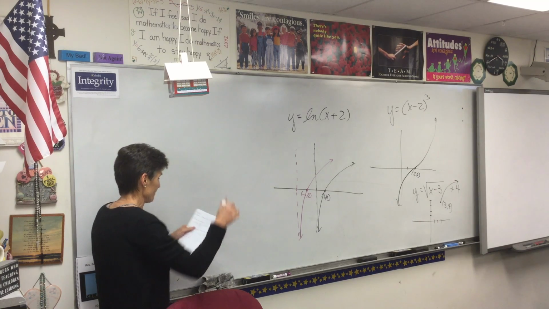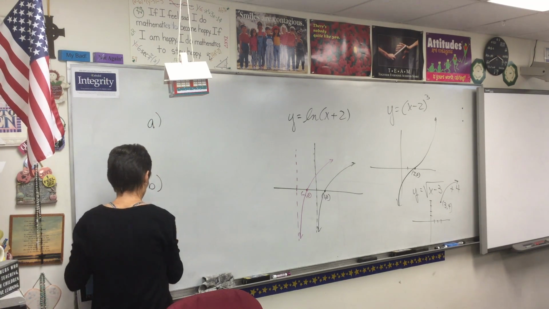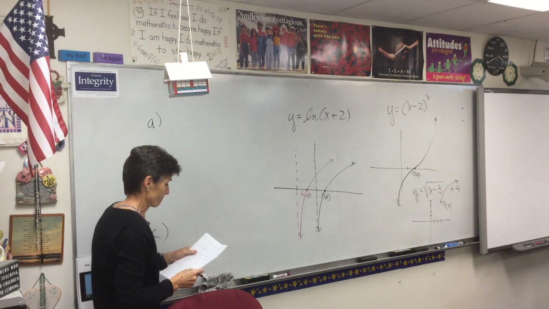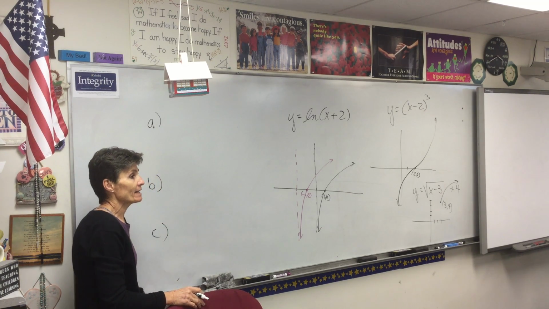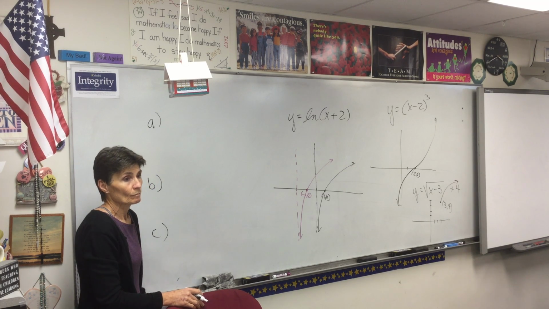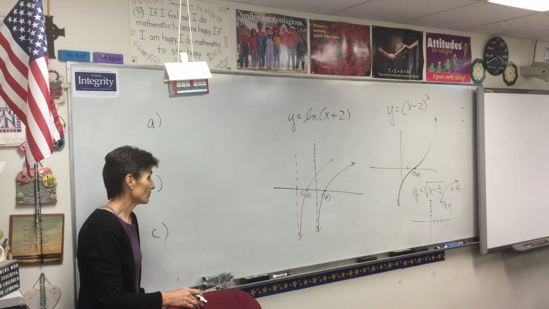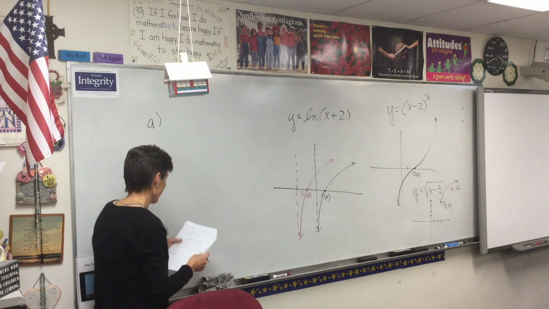Find the domain. Tell me what you know about any of them, A, B, or C. What do you know about any of them? If it's under a radical, it has to be greater than or equal to 0.